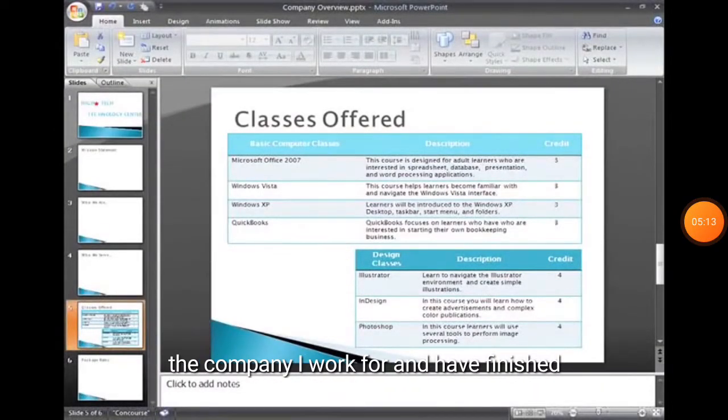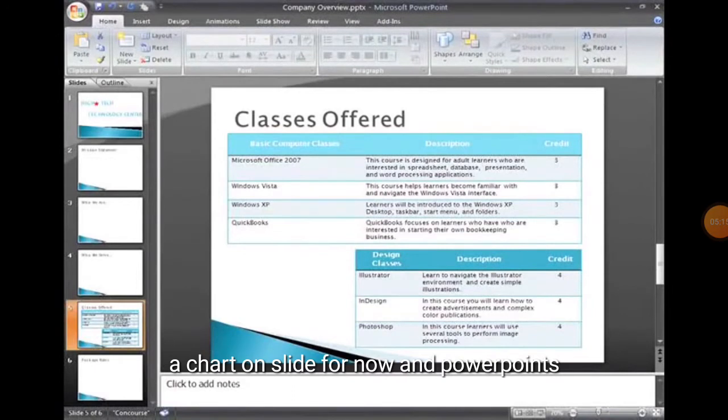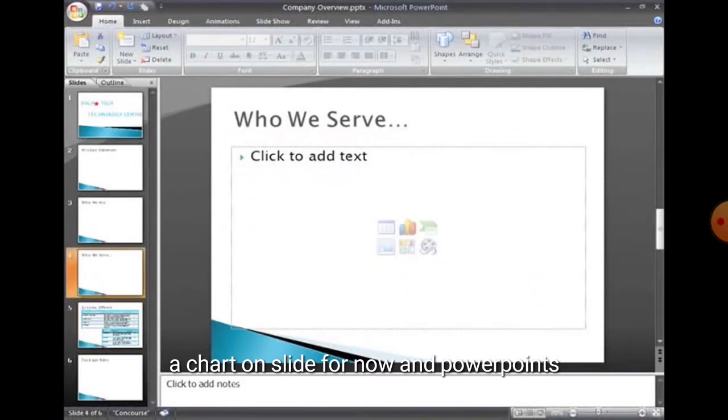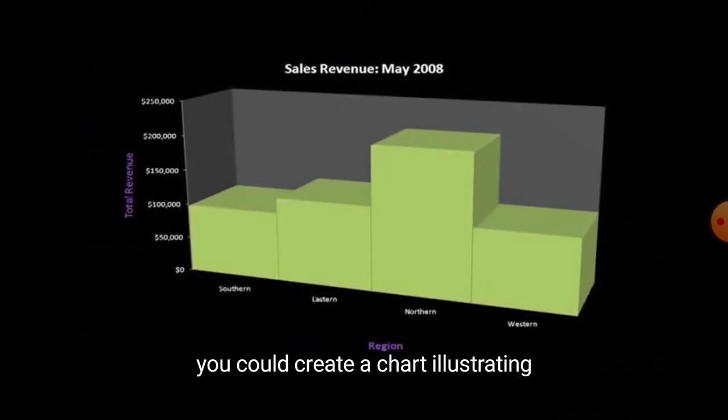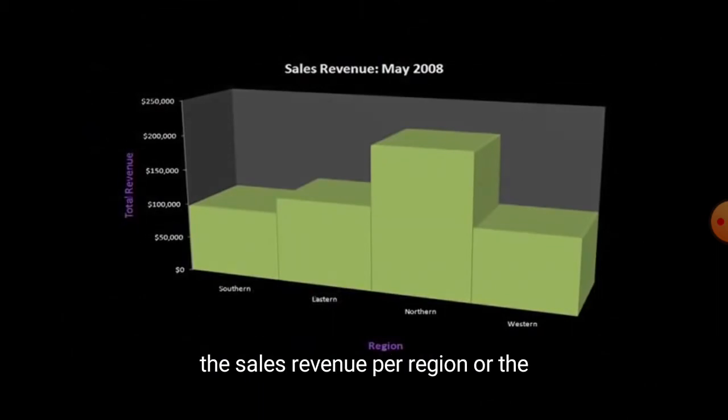Children, for inserting charts in MS PowerPoint, we have to insert a new slide. As you can see here, this is a new slide for inserting the chart, and you can see the placeholder of the chart in the form of a button or icon in the center of the slide, and we can show the data graphically.